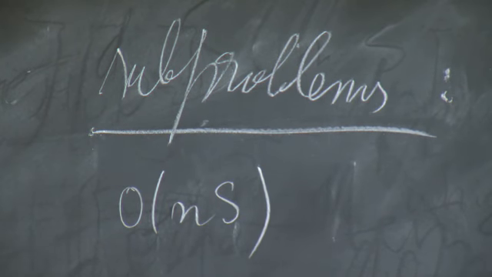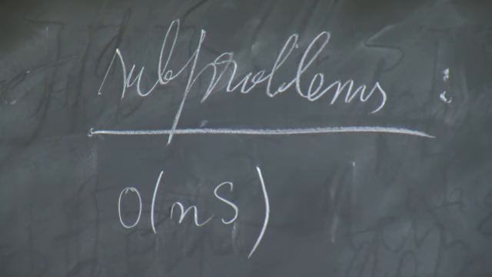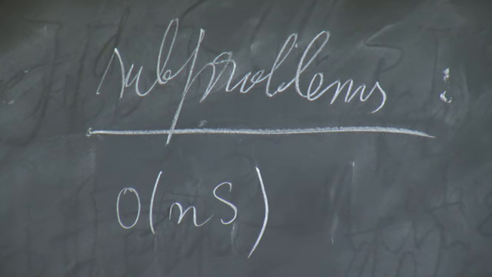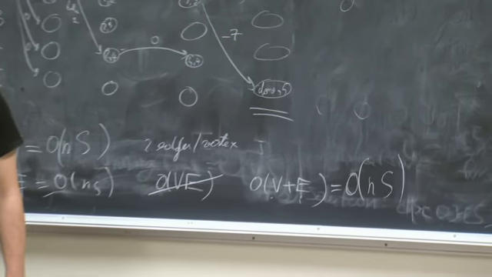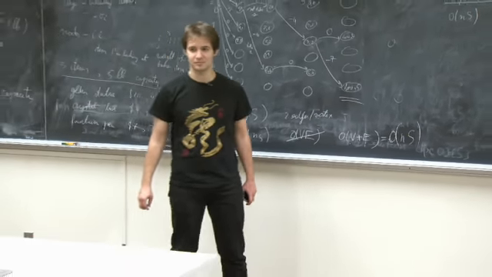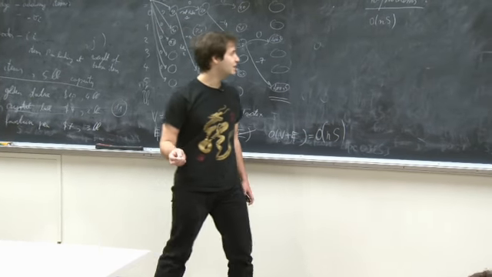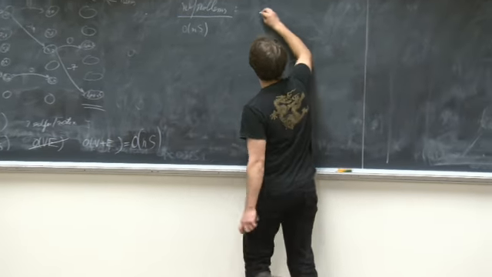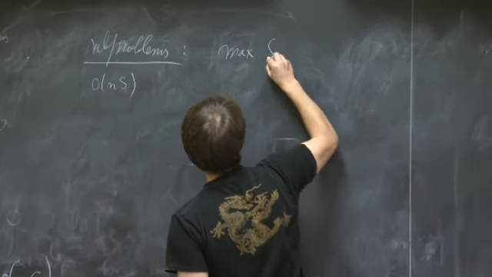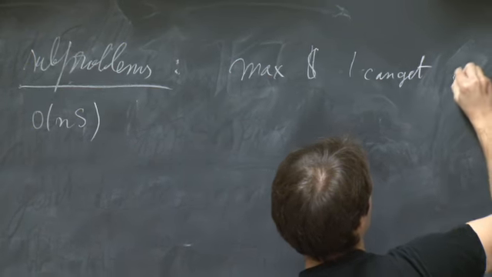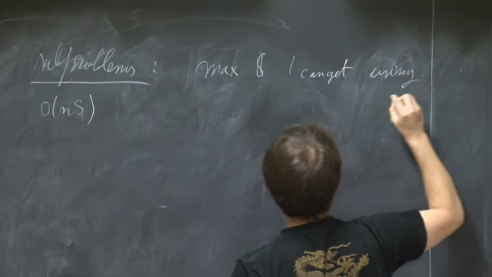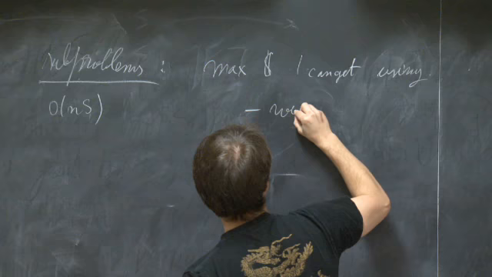Okay, yes? So one subproblem would be getting the most amount of money for that given week, or for that total week. So like at week 1, like a 1 pound or something like that. Okay, I like that. So let's start writing. So what is the maximum value that I can get using a certain weight?